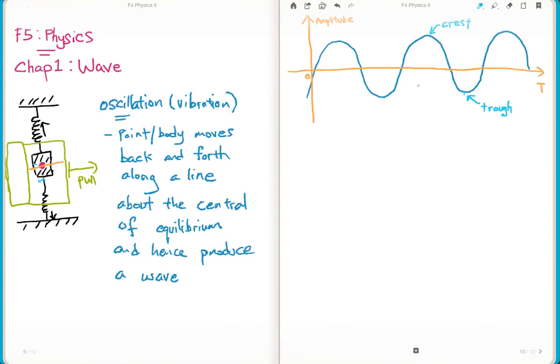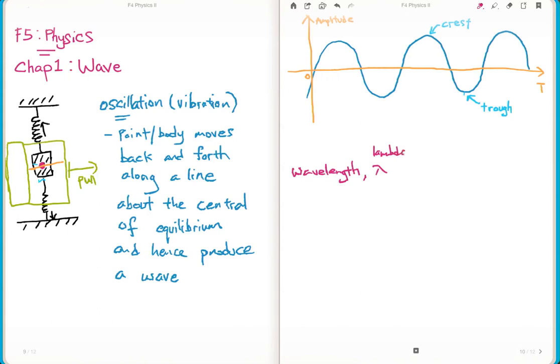Now, at the same time, what you need to learn for this chapter to be specific is something called wavelength. Wavelength, symbol lambda.